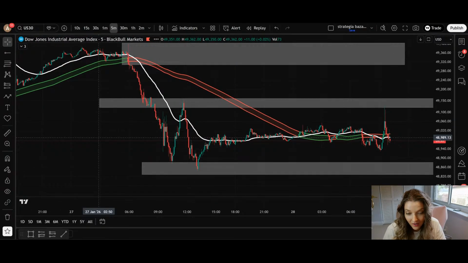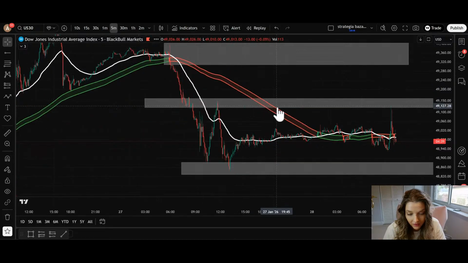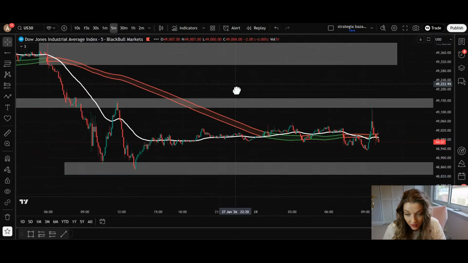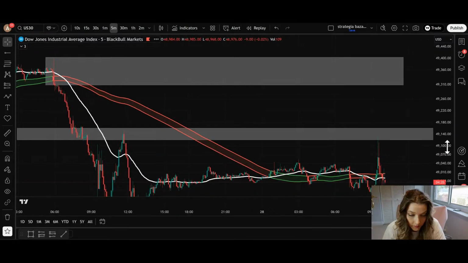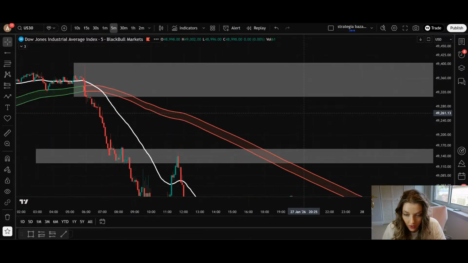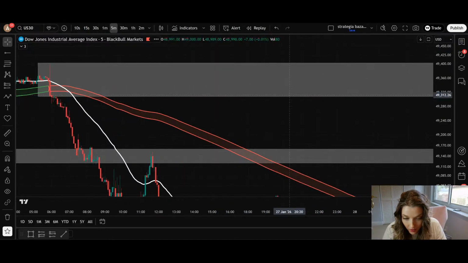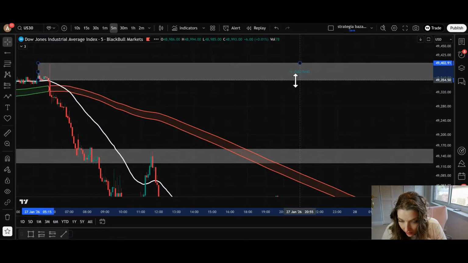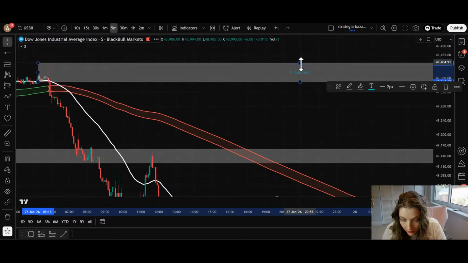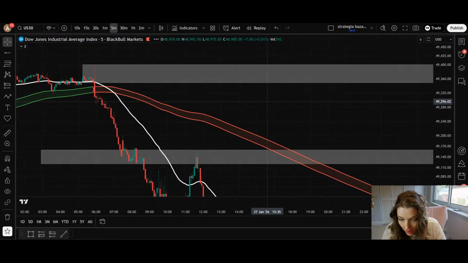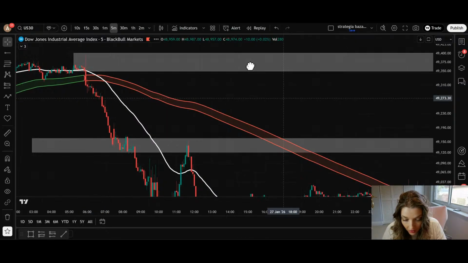So yeah, I was marking these levels on 5 minutes. You can see those are the strong levels that I marked. I actually marked this level with ChatGPT. I made a video and I put it on my Instagram. This is what ChatGPT told me to mark, but I'll narrow it a little bit more. Here we go. So this area, I'll put it kind of here.